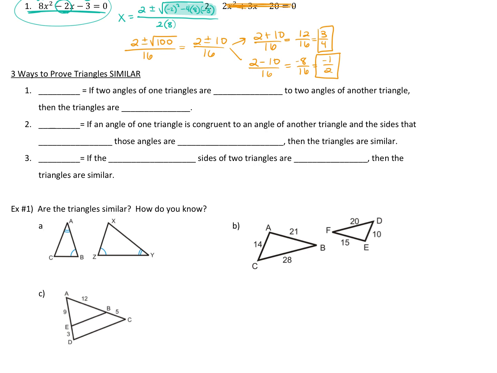7-3 is proving that triangles are similar. Let's think back to chapter 4. We did 5 triangle congruence proofs. Do you remember them? SSS, ASA, SAS, AAS, and HL, right?